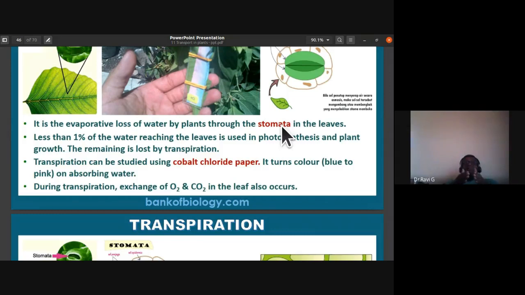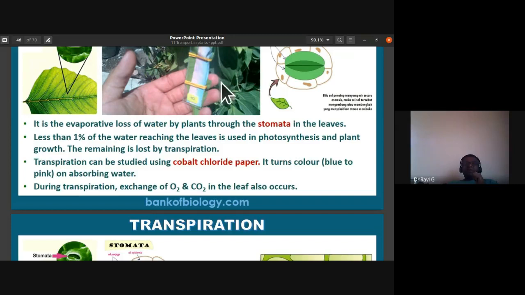So this rupturing of epidermis at certain points during secondary growth, we call it as lenticels. You know about that. Or the transpiration can also take place through cuticle, damage of cuticle. So the major transpiration is through the foliar transpiration, that is through the stomata present on the leaves. So the evaporative loss of water by plants through the stomata in the leaves, we call it as transpiration.